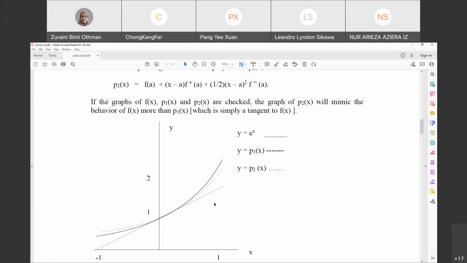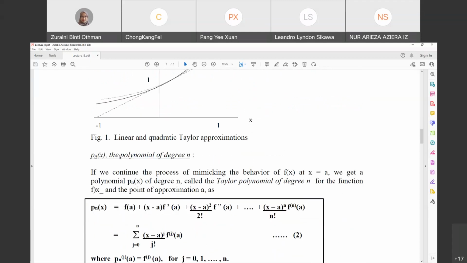Okay. Jadi sekarang p1(x) ni is like a tangent for that, and p2(x) will mimic the behavior of f(x). Dia maksudnya lebih hampir, bentuk dia lebih sama dengan equation yang asal. Okay. Then this is the figure of linear and quadratic of Taylor approximation.